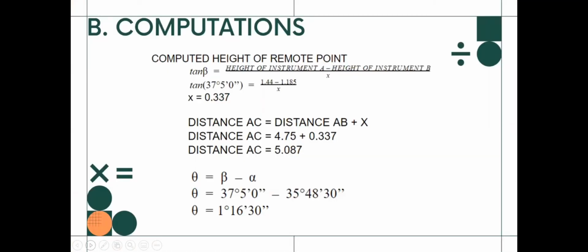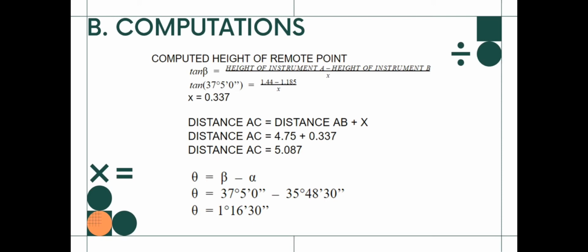Now to find the computed height of the remote point, we must first use the formula tan beta is equal to the height of instrument A minus height of instrument B all over x. Now, substituting the data that we have, in order to find x, it would be 1.44 minus 1.185 over tangent of 37 degrees and 5 minutes.